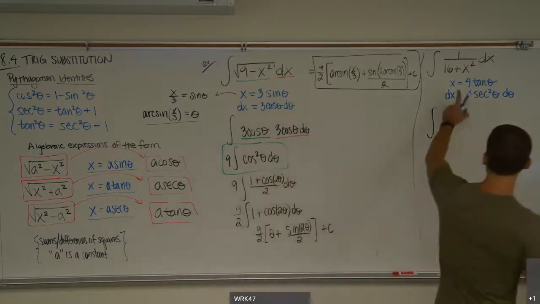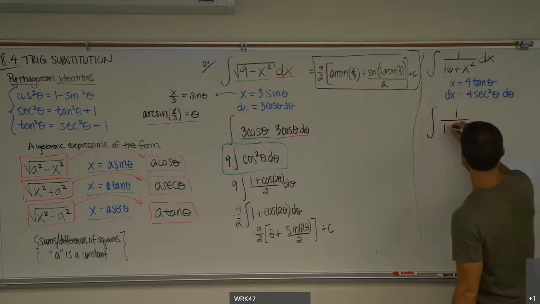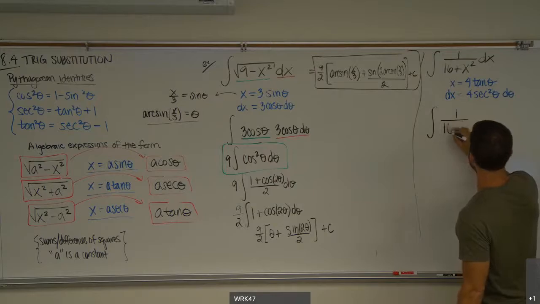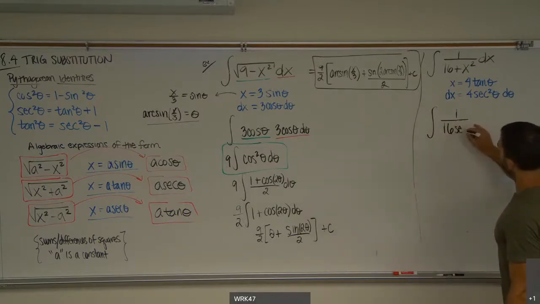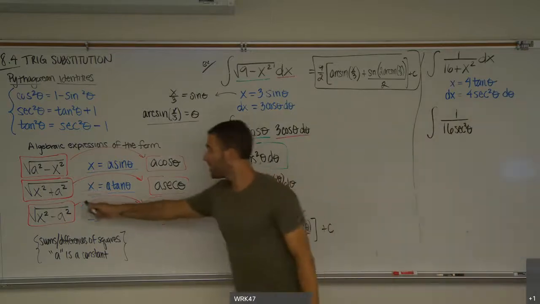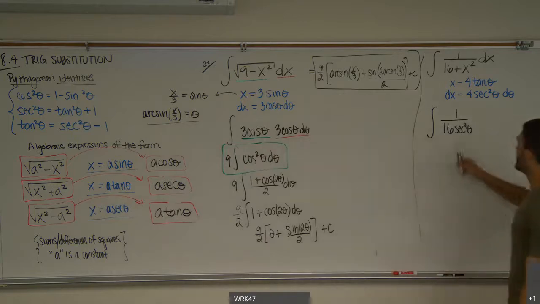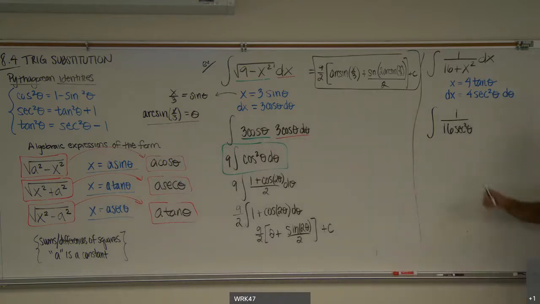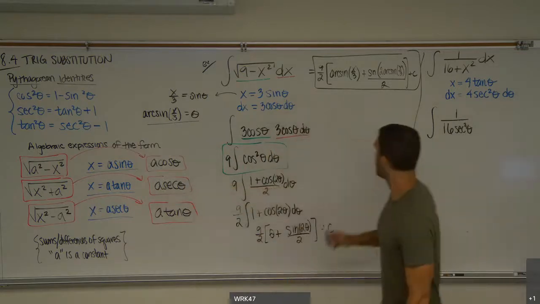So this expression will become 16 secant squared. Sum of squares becomes this. And it's squared, right? Remember, it's not under the root, so that's why.